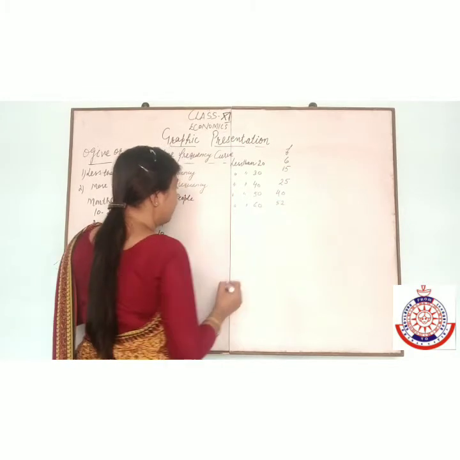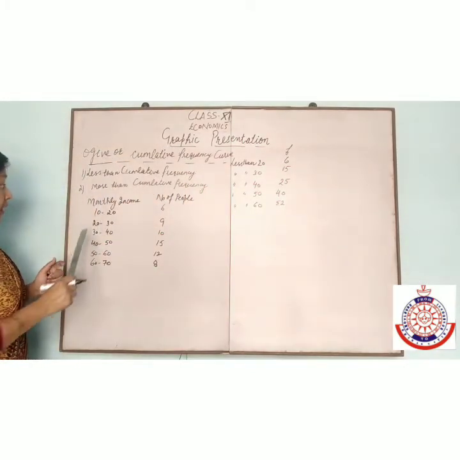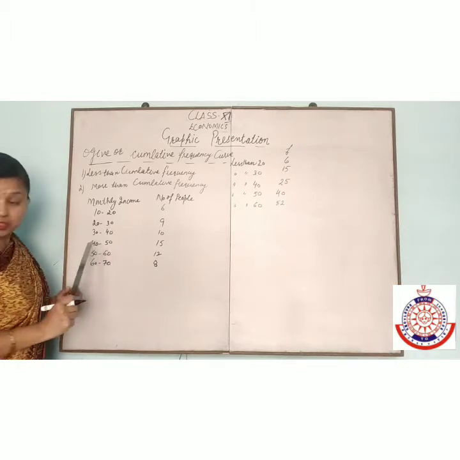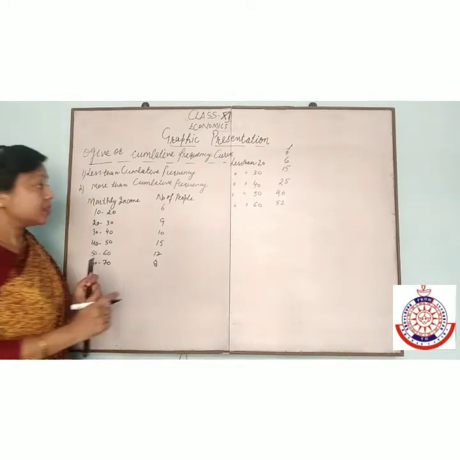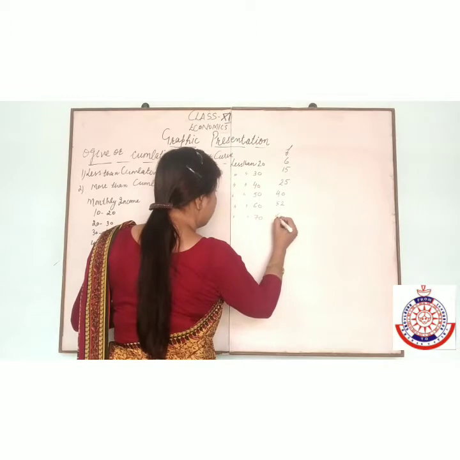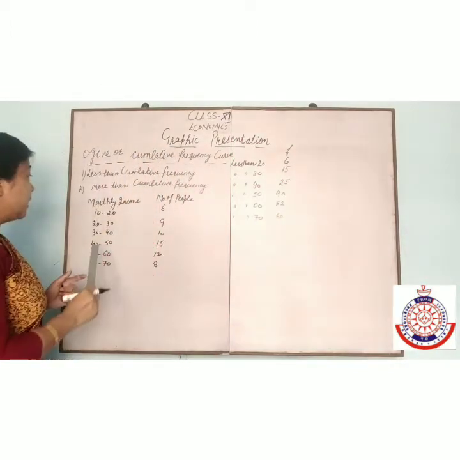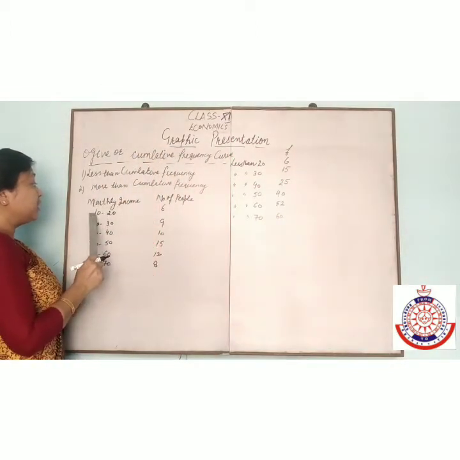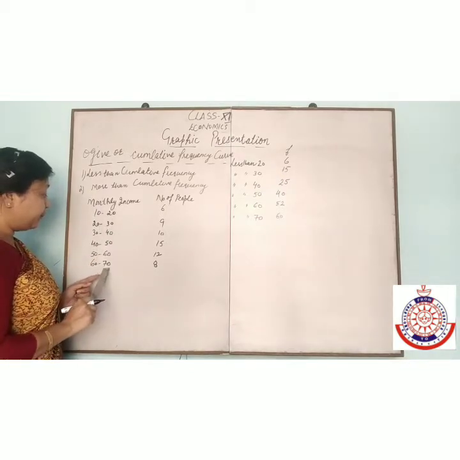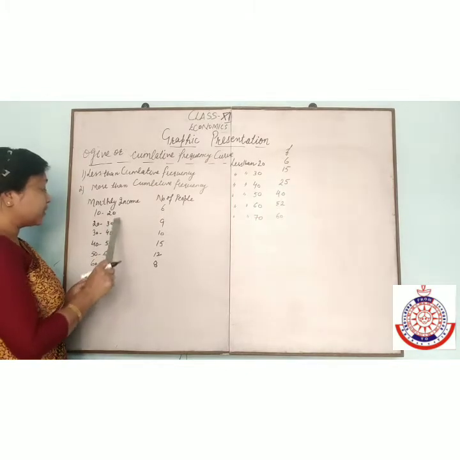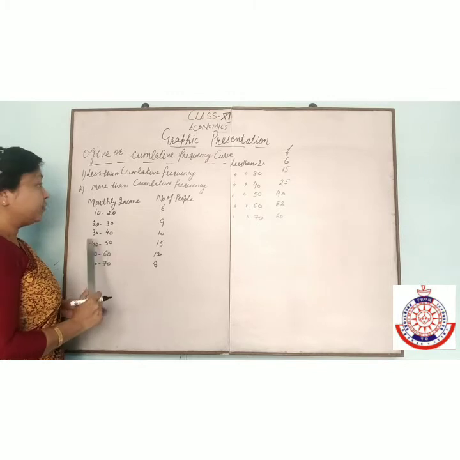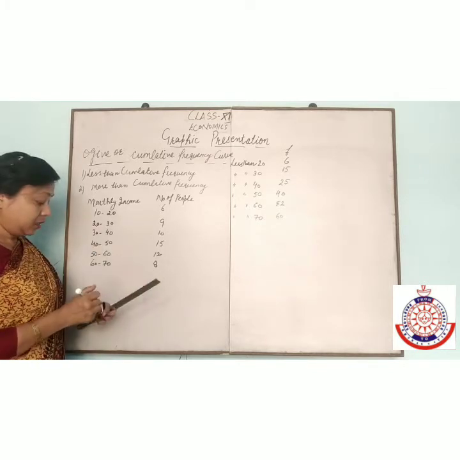Here we will take less than 20, less than 30, less than 40, less than 50, less than 60 and less than 70. Less than 70 is equal to 60. Here we start from the upper limit of the first class interval up to the upper limit of the last class interval: less than 20, 30, 40, 50, 60 and 70.